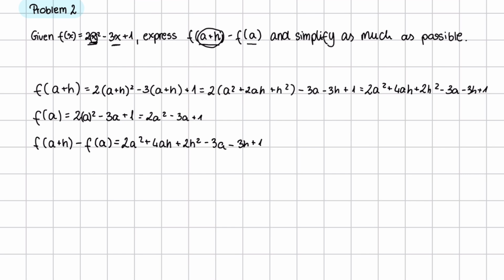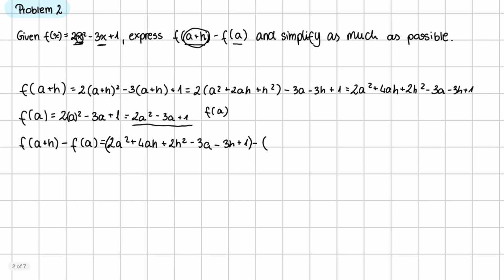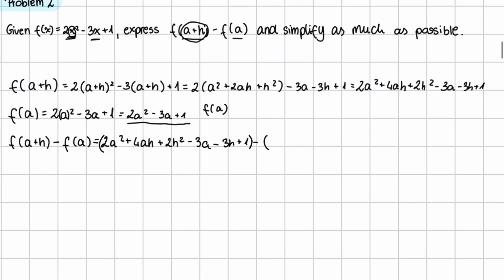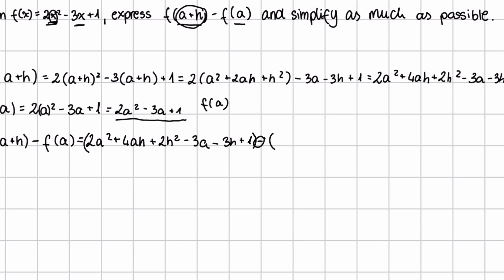Then we have to remember that this is our f(a), so this is the whole expression, and we have to write it in a bracket. We can also write a bracket in here, but it doesn't matter. However, the second expression has to be in a bracket, because we will change the sign, since in here we have minus.